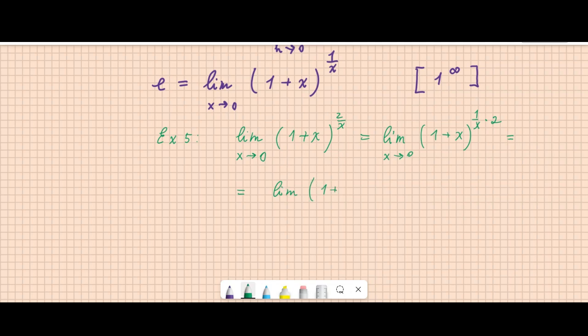So we have 1 plus x to the power of 1 over x, squared, as x approaches 0. And if you compare it to what we have, that limit is exactly equal to e, so we are going to have e squared. Interestingly, this very nice limit is actually equal to e squared.